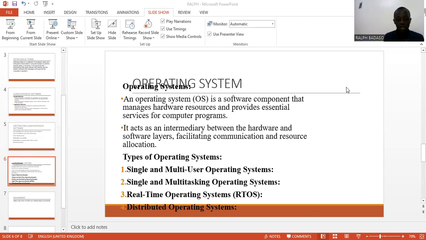A multi-user operating system allows more than one user to interact at the same time. A single-tasking operating system does one task at a time. A multitasking operating system does many things, all tasks, at the same time.